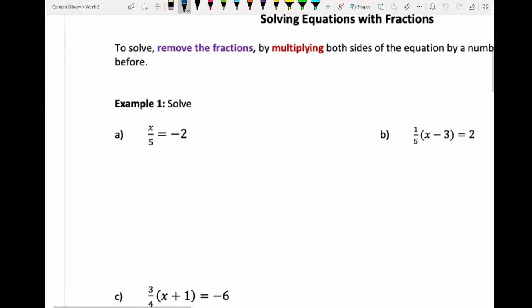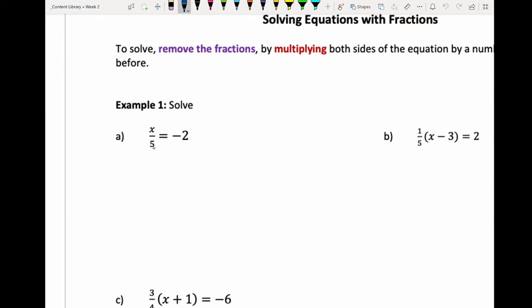So if I look at my first example, x divided by 5 equals negative 2, I want to multiply this side by 5. I'm going to do the same thing to the other side to keep things balanced. On the one side, they cancel out or become 1. So x equals negative 10, which is my final answer.